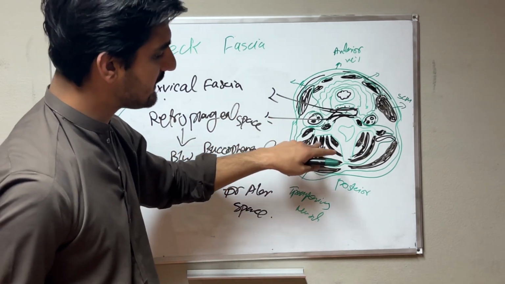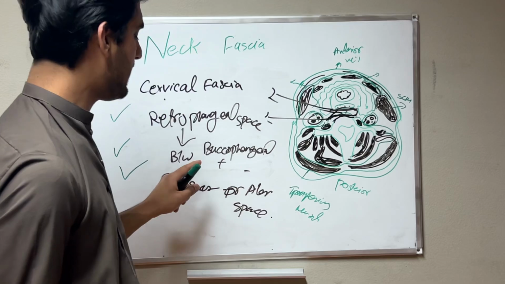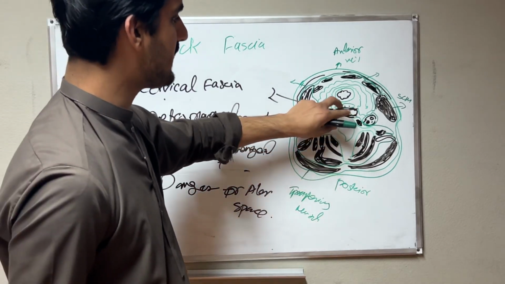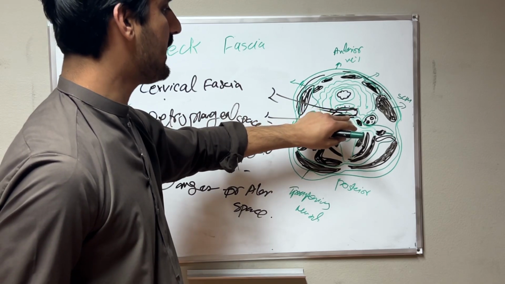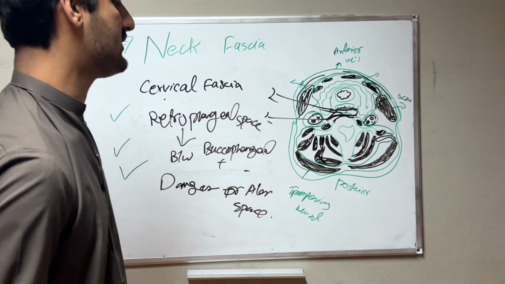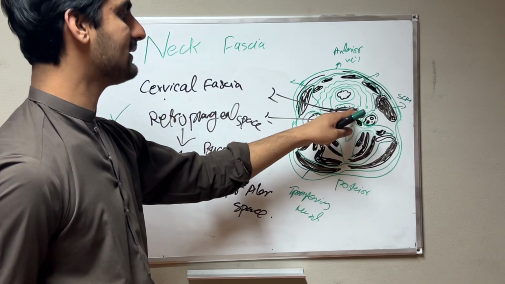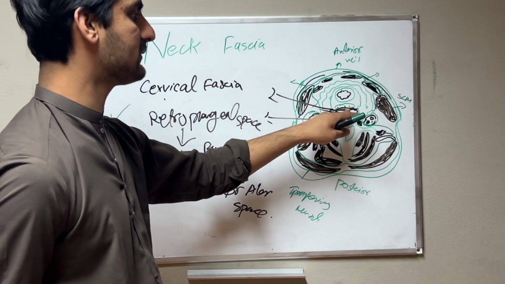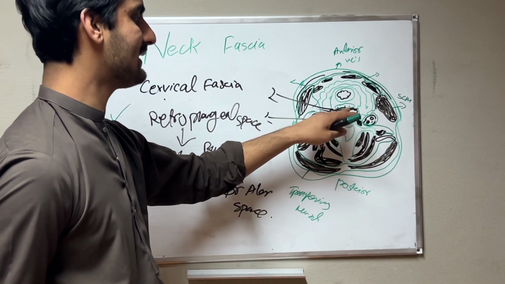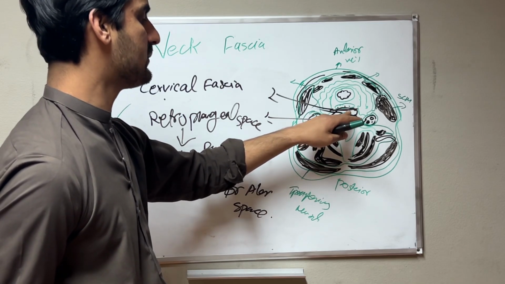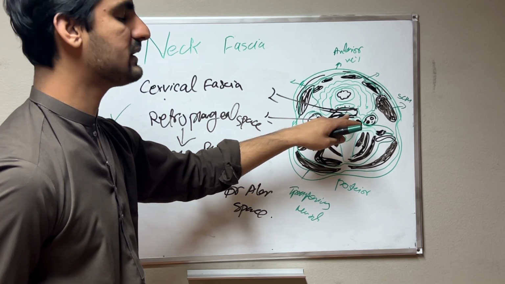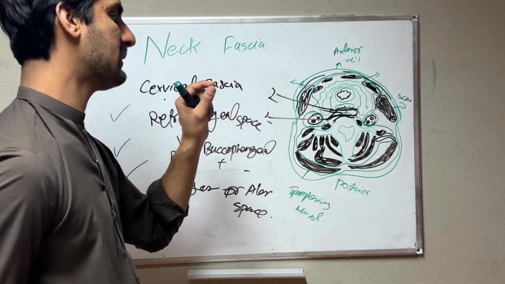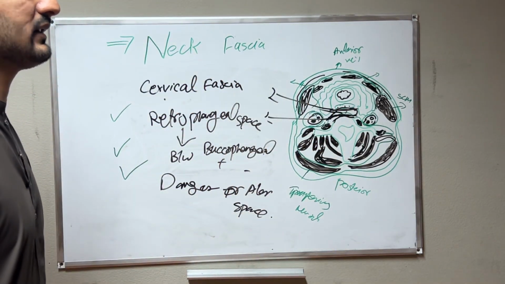The prevertebral fascia covers the deep group of muscles of the neck, and behind the esophagus there are two other fascia, the buccopharyngeal fascia and the alar fascia, and between them they make a space called the retropharyngeal space, which is very important during surgery of the cervical vertebra. Behind the retropharyngeal space there is another small space, named the alar or Danger space.